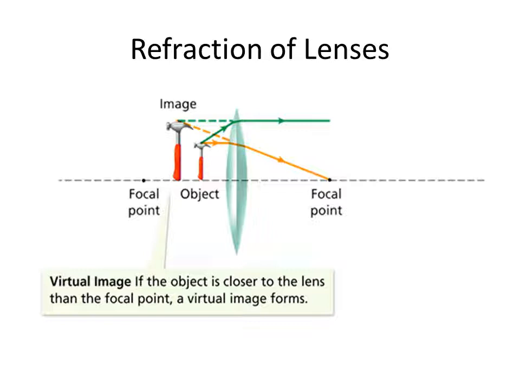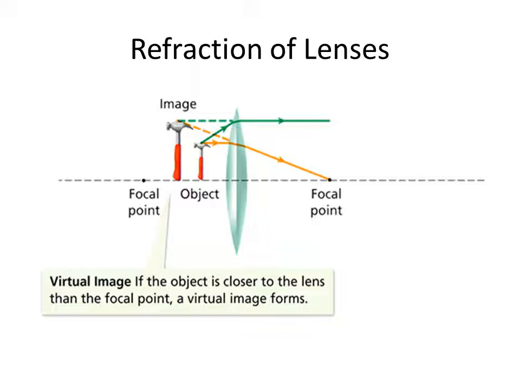Here you can see that the object is close to the lens, which means it is in between the focal point and the lens, so that the image formed is also between the focal point and the lens, and the image is a virtual image, which means it is not real and the size is enlarged.